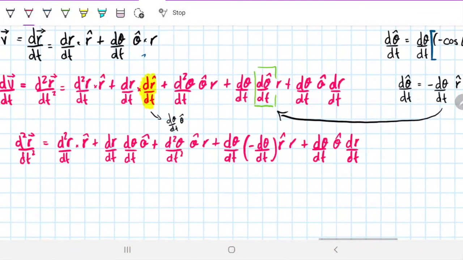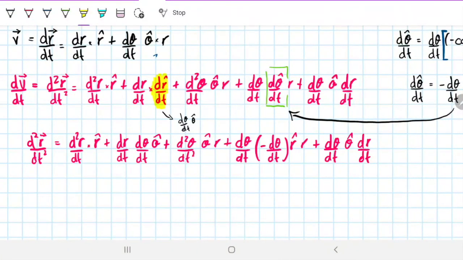Okay, so now we're going to have some common terms here. Everything that's multiplying my r hat, these guys, I'm going to put on one side, and everything else is multiplying theta hat, so this guy and this guy, I'm going to put in another component.